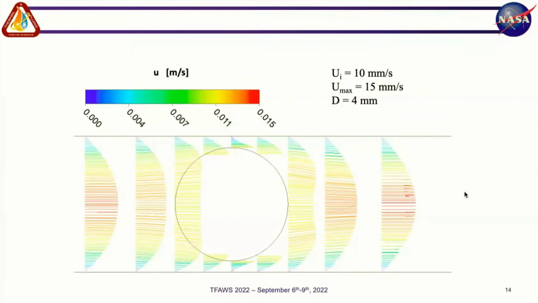Now, looking more closely, why would the particle affect the heat transfer process in the channel? We plotted here an evolution of the velocity distribution around the particle, upstream and downstream of the particle, for the case of 10 millimeters per second, for which your maximum velocity of fully developed flow will be 15 meters per second, and the particle diameter of 4.